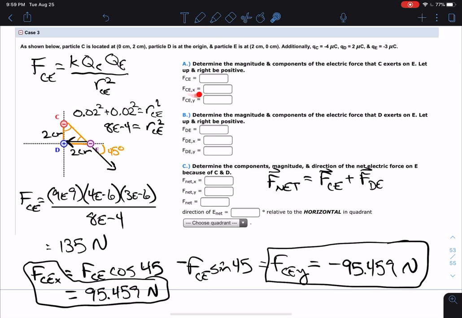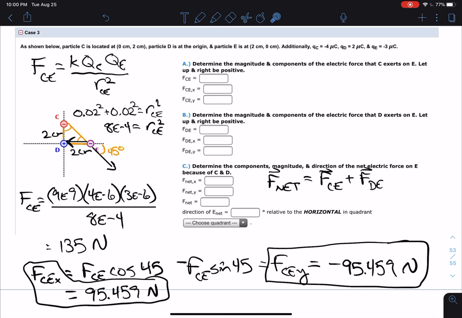So I'm going to add FCEX to FDEX, and then I'm going to add FCEY to FDEY. Doing those two summations is going to give me FNetX and FNetY. Once you know the components, you should be able to get the magnitude and direction for your vector. This is just straight vector math here that we're doing. And this is case 3.